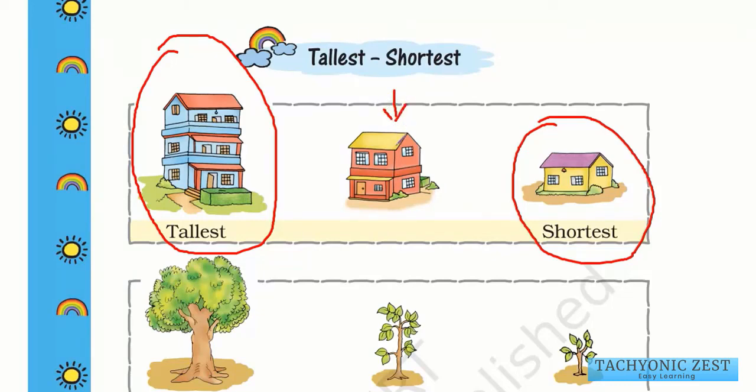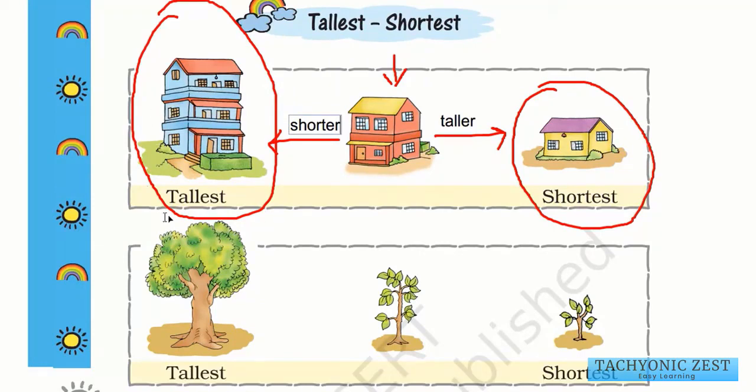Okay, so this house is taller as compared to this house, and this house is again shorter as compared to this house. So we can say that this house is taller if we compare it with this house, and this house is shorter if we compare it with this house. Okay, so anyways, we have to take this tallest, so this is the tallest here.